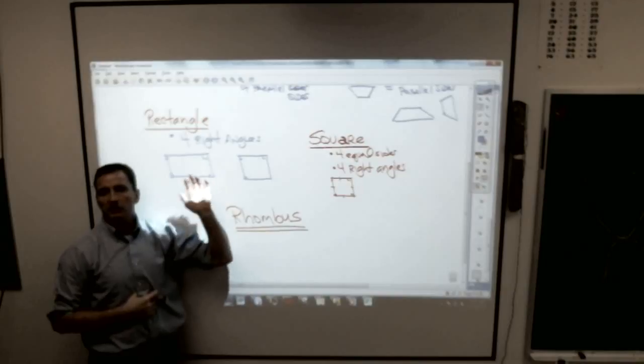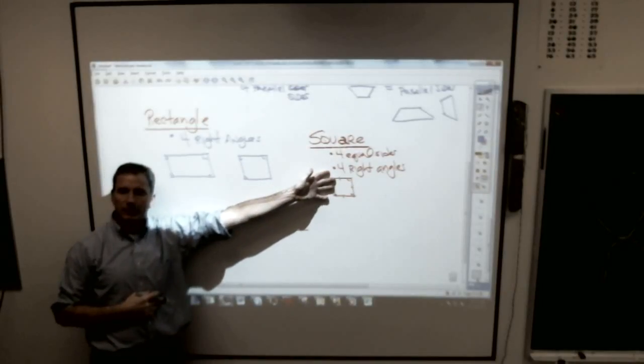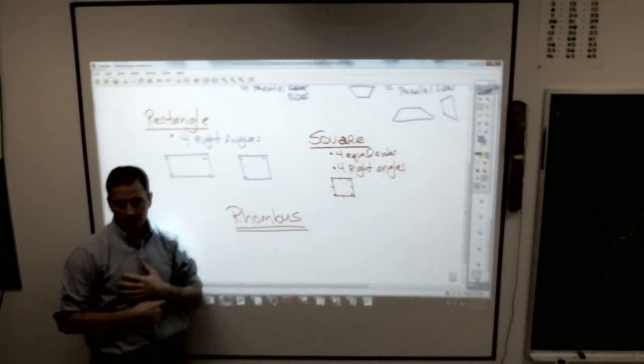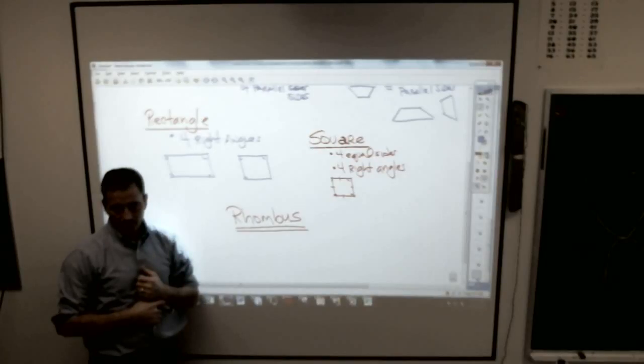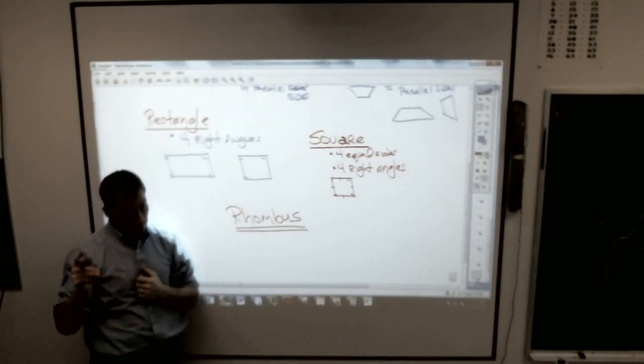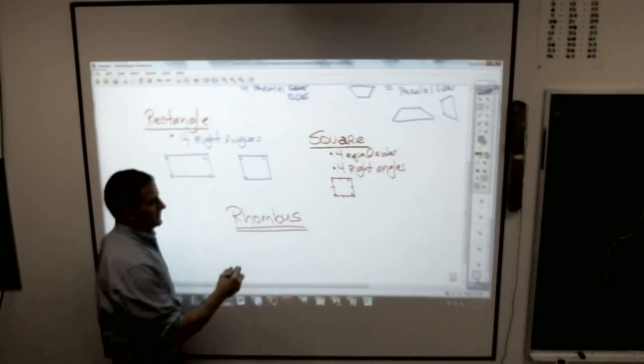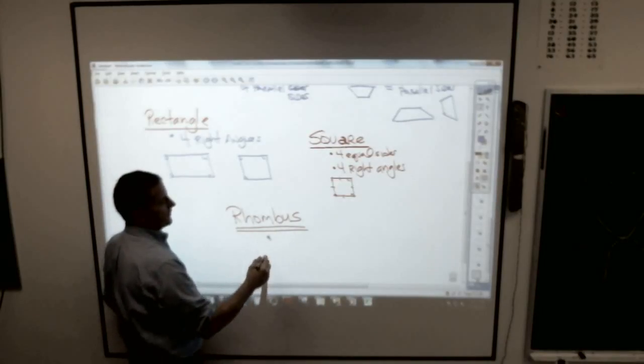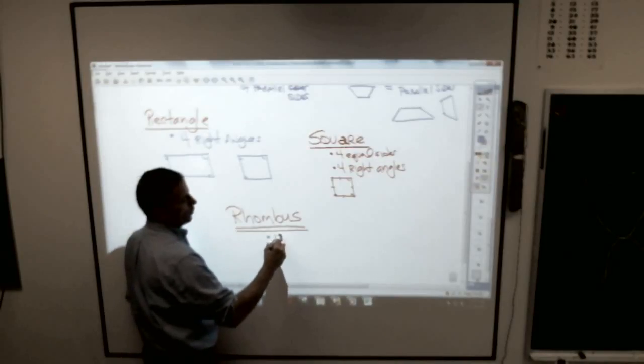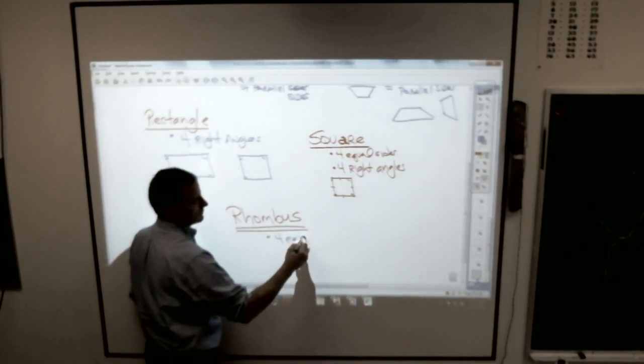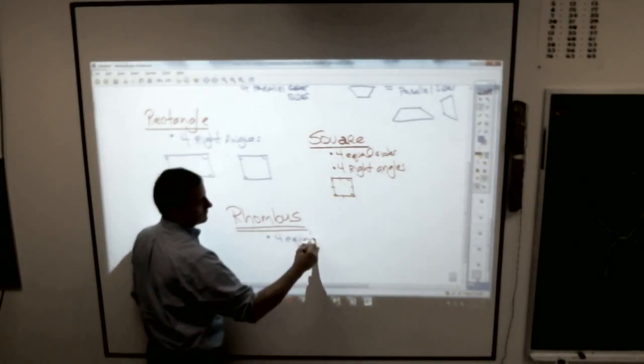This one's 4 right angles. This is 4 equal sides and 4 right angles. A rhombus is, Ethan? It's like a square. It has all 4 equal sides. Stop right there, that's all you need to know. Don't go any farther, because that's what makes a rhombus. 4 equal sides.